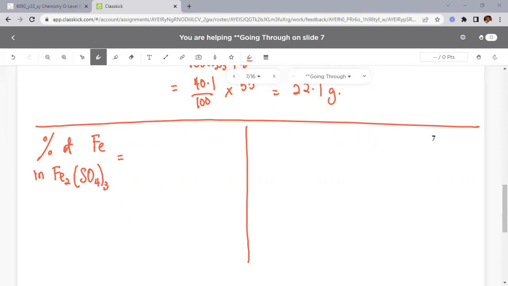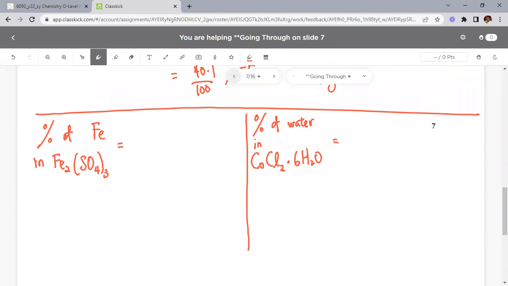So another one I want you to help me with is percentage of water in this cobalt chloride, CoCl2.6H2O. Find the percentage of water in cobalt chloride dot 6H2O. Okay, so these two questions will be the checkout questions. So you can take your time to go and do them to crystallize the whole thing. Okay, so let's go back to the previous page.